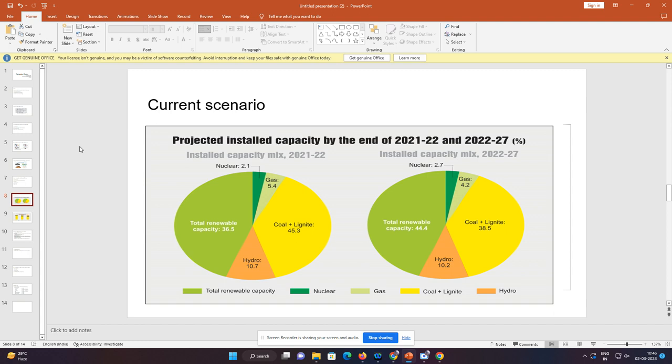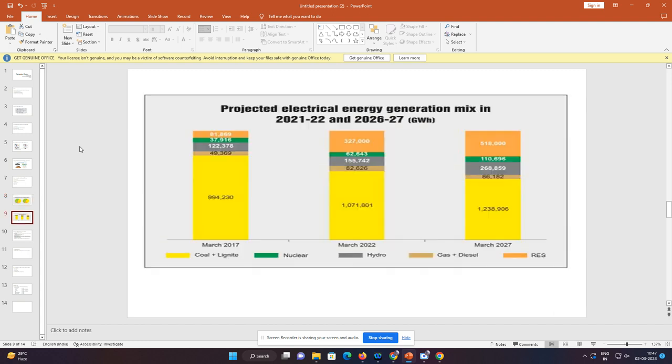Thus, in these projections, the total share of renewable energy in the capacity mix will increase from 17% in March 2017 to 44% in 2027, while the share of thermal power will be reduced from 67% to 43% during the same period.